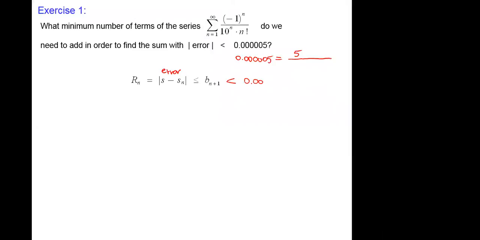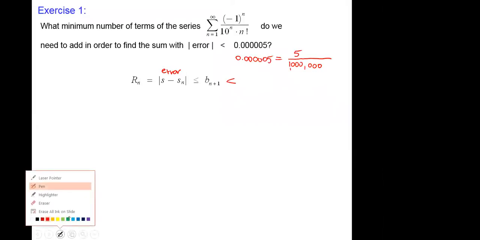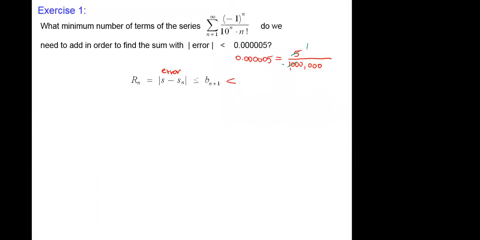Let's change it to a fraction, because I have to deal with a fraction. 1, 2, 3, 4, 5, 6 zeros, which is 1,000,000, right? I can simplify by dividing 5 by 5 and 10 by 5, which means I will have 1 over 200,000. This is the same number, but I think we will like a fraction better.